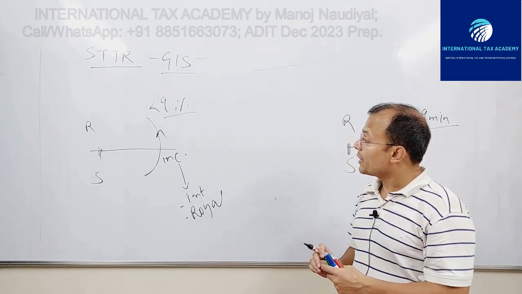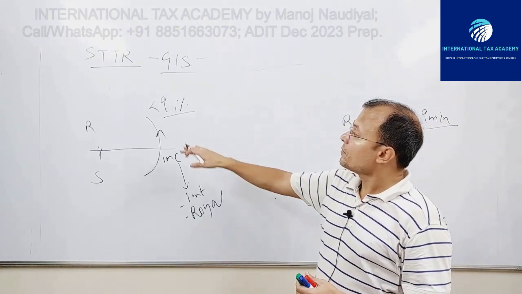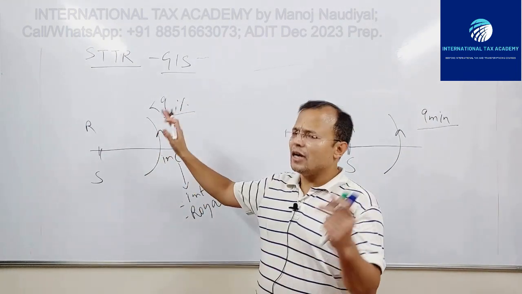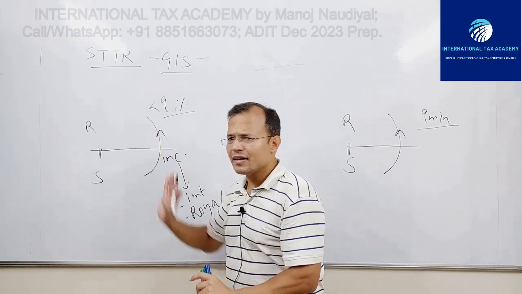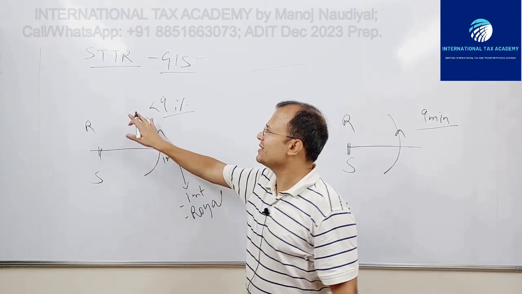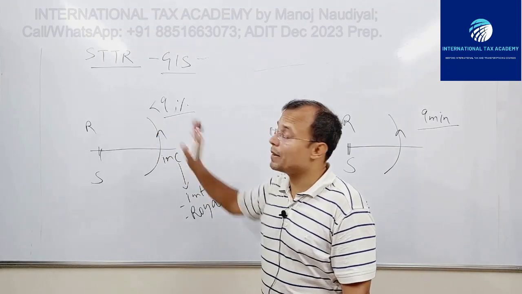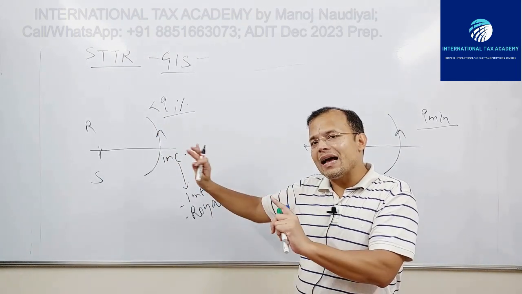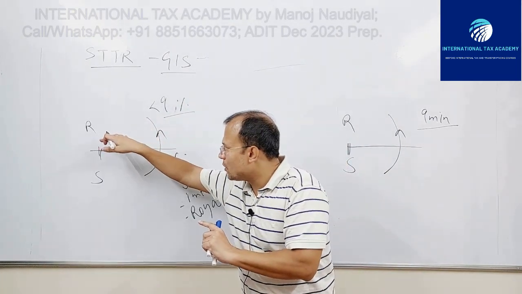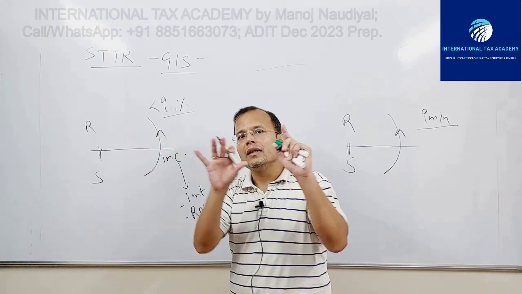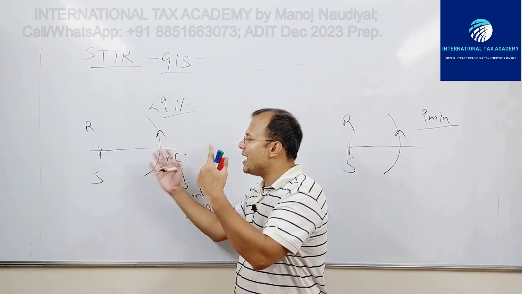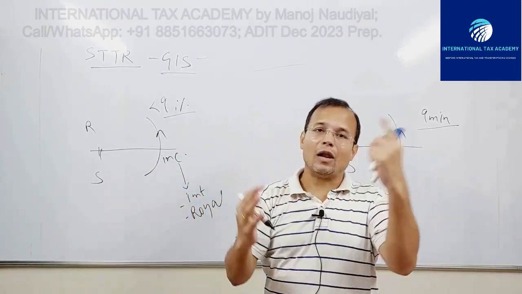Obviously, when the income reaches R country, it would be subject to a certain tax rate in R, and that tax rate is less than 9%. Only then STTR will come into play. But whatever tax has been applied on this income in R country, that would be taken into account while the S taxing right is being calculated.